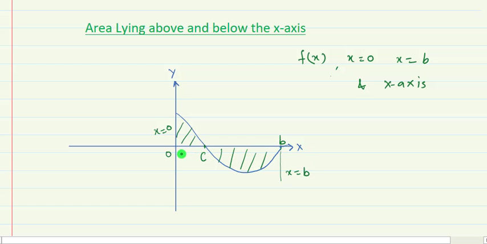So what we'll do, we'll write it as area is equal to 0 to c. First of all, we'll take the area which is lying above the x-axis. So it is 0 to c f(x) dx with positive sign.